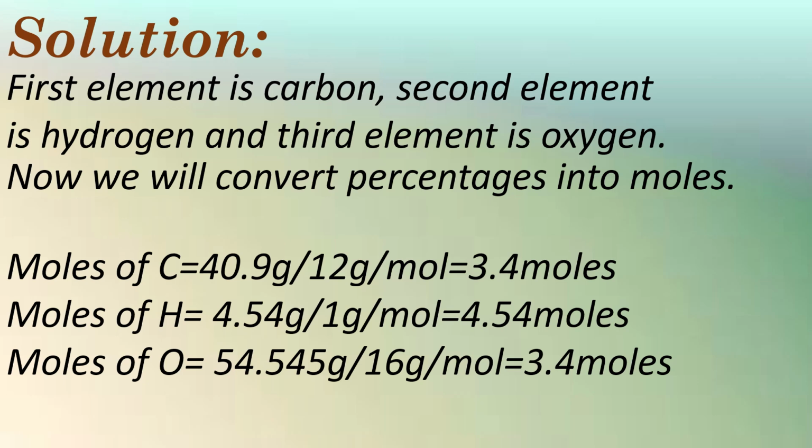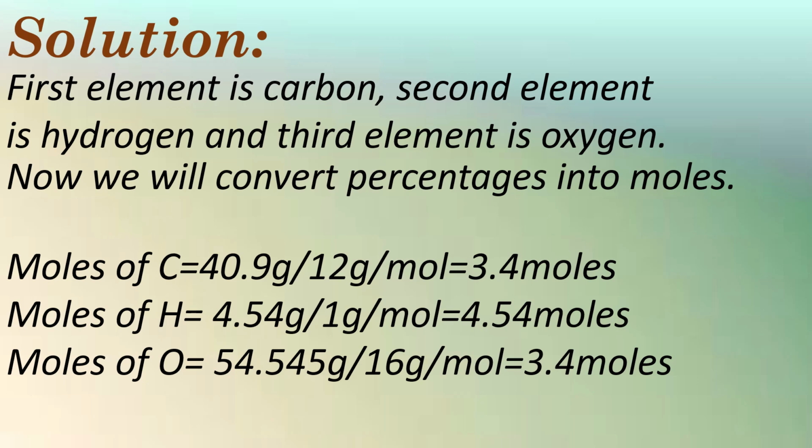First we will calculate moles of carbon. 40.9% we will take as grams. So 40.9 gram divided by 12 gram per mole, the atomic weight of carbon. After solving, the moles of carbon is calculated to be 3.4 moles.